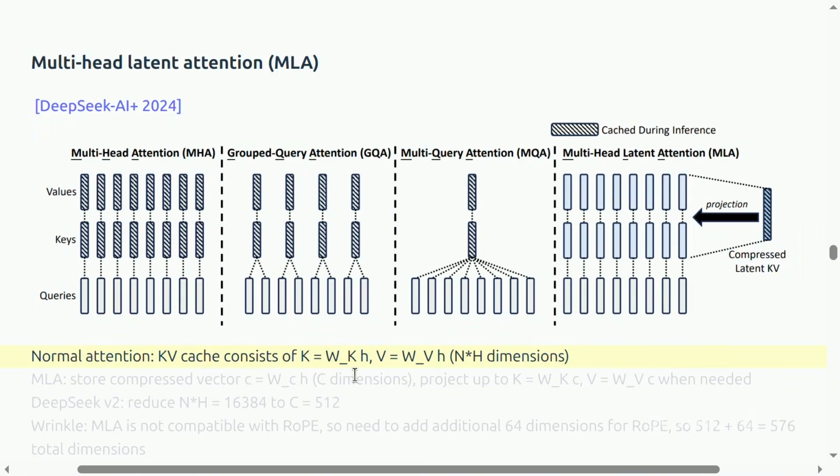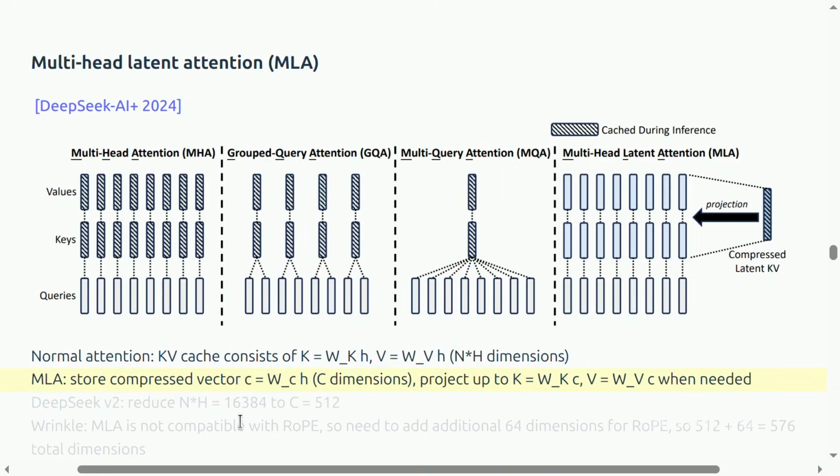So normally, how do you compute your keys and values? You have your activations, and you multiply them by some matrix to get K, and some other matrix to get V. And these are generally n times h dimensions, like your model dim, which is big. So MLA says I'm going to actually project these activations down into C dimensions.